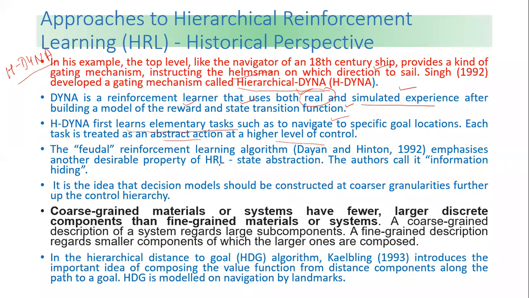Now the idea is that the decision model should be constructed at crossover granularities further up the control hierarchy. What that means is that we have a discrete composition and a finite-grain system, where we find the grain of the large subcomponents according to the description, and the smaller components are composed from the larger ones.